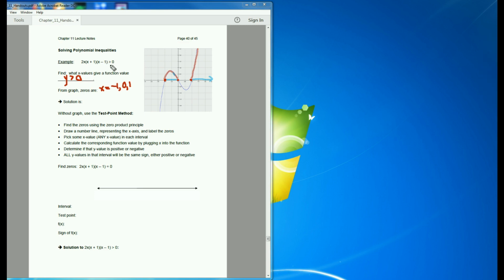So the solution is going to be in this interval here, -1 to 0. And notice I'm using parentheses. I'm not including the endpoints because this is just a greater than, not a greater than or equal to. And then also from here on up, so I have to do a union, from x equals 1 on up to infinity.